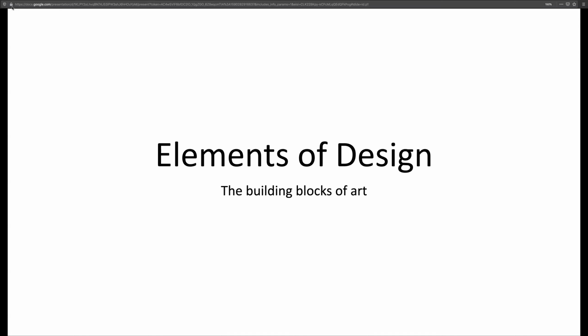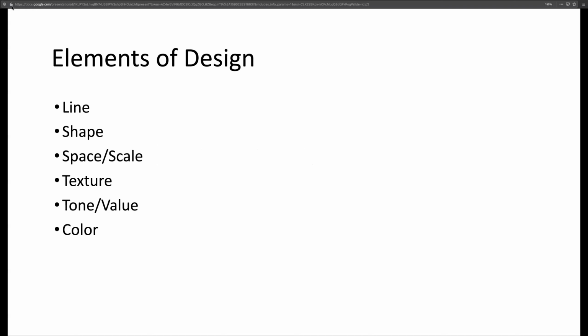Okay, so what that means is many paintings, drawings, sculptures, photographs, architectural things, anything people design basically have a lot of these elements in them. And then how we use the elements becomes the principles of design, and we're dealing with balance and things like that. But I wanted to first just give you an overview of the elements of design.